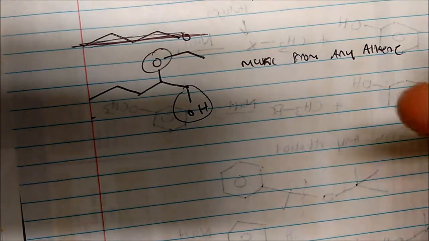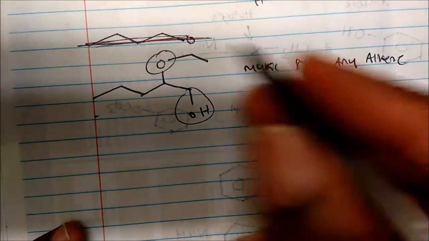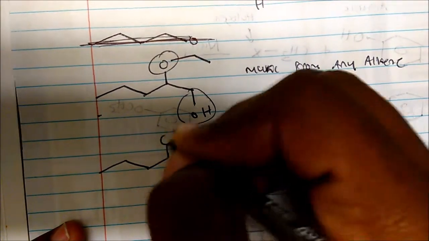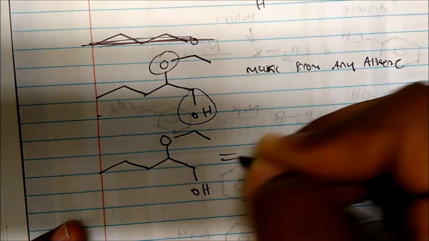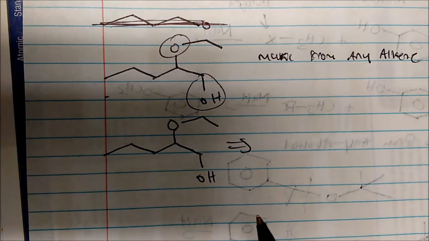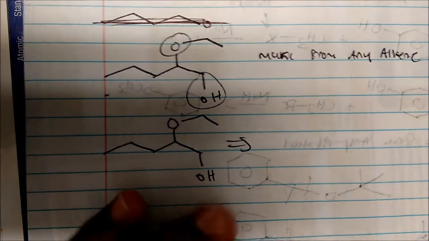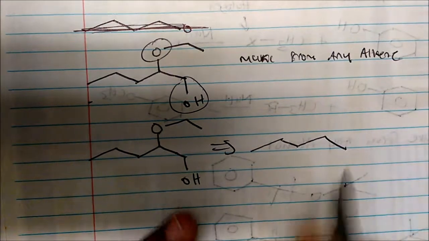So let's do the retrosynthesis of this molecule before we even do the forward synthesis. This arrow just means that I'm going backwards. This double arrow here. So let's retrosynthesize this. Well, here's a pattern, guys, that you should pick up.